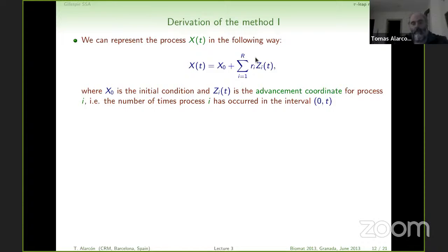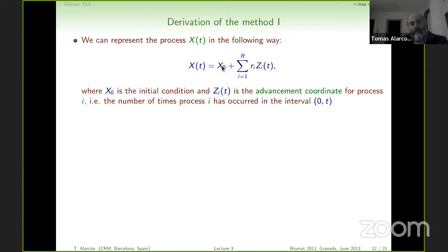So basically what we are looking at here is, imagine that the system is again a birth and death process. So this R is equal to 2, and 1 is birth, and 2 is death. Now what we are doing is writing the system in the following way.